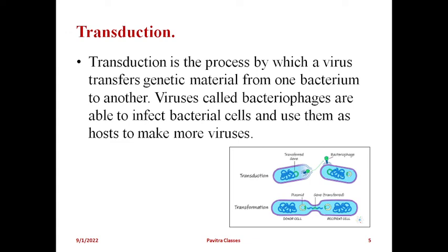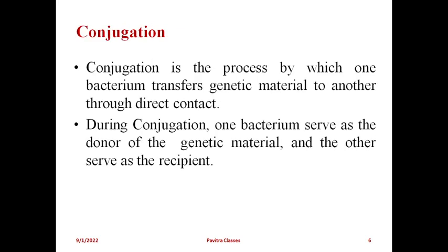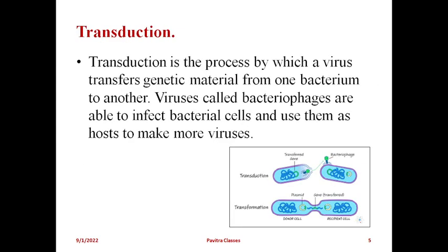Only viruses can transfer the genetic material. In transformation, the genetic material is taken directly. In transduction, the transferred gene moves from one bacterium to another with the help of viruses, that is the bacteriophages.